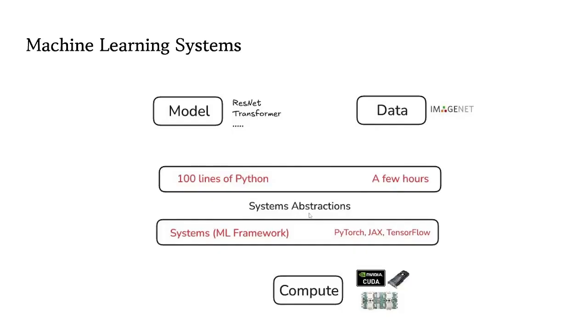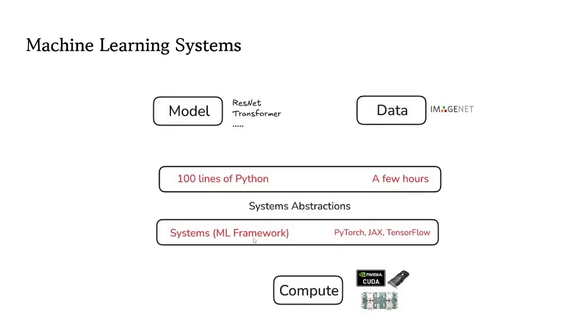Underneath, the systems part is really the software machinery, which does a lot of heavy lifting. It also interacts with the hardware to make sure that our heavy computation runs efficiently on these devices without issues.